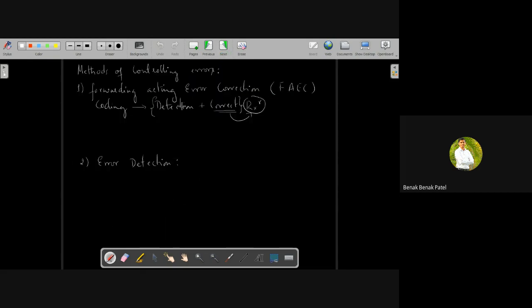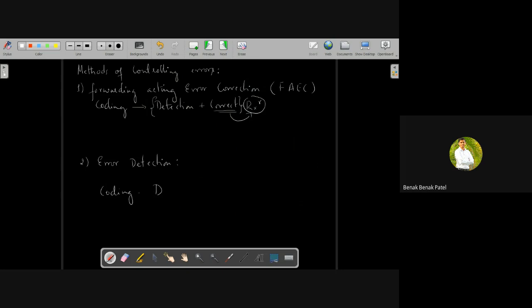Whereas in the other method, error detection, the decoder checks the input sequence. When it detects any error, it rejects that part of the sequence and requests the transmitter for retransmission. In this second method, all it can do is detection.